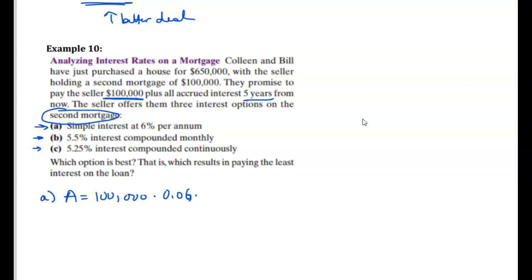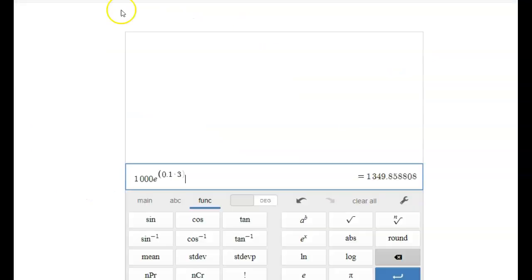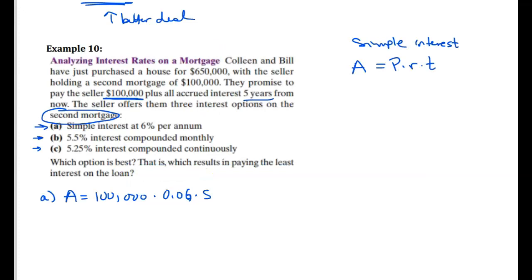Okay, so that's the simple interest formula. Interest is principal times rate times time. All right, so let's do that. 100,000 times 0.06 times 5, $30,000. Alright, so that's how much they're paying in interest on that option.